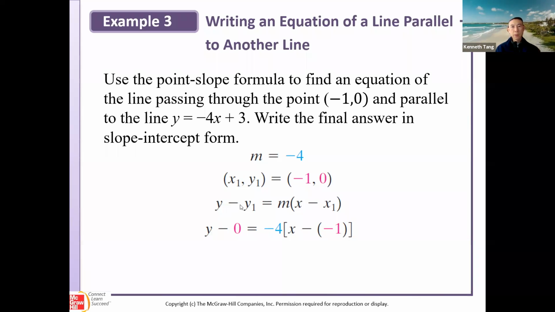Substitute into your point slope formula, distribute that slope into x and the 1. So y equals -4x minus 4. That's your final answer in slope-intercept form.